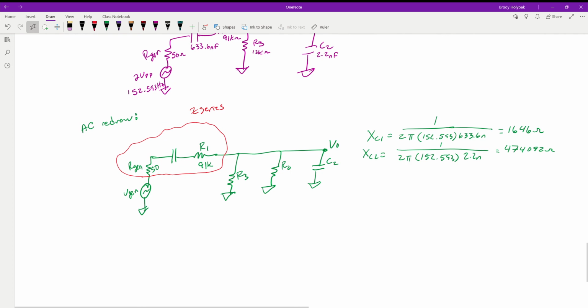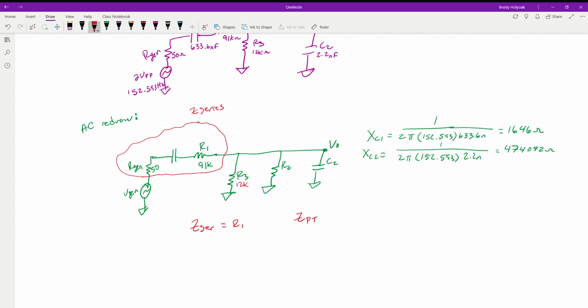So in this instance, our Z series is equal to simply R1, because everything else we're considering a short, just to simplify this to get an approximation of what we're going to be seeing here. Okay, then let's also take a look at our Z parallel. We have R3, which is 12K.